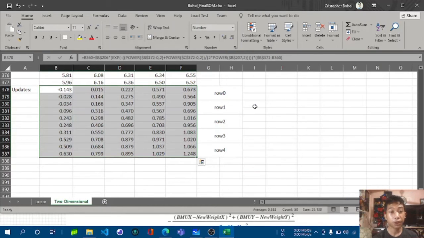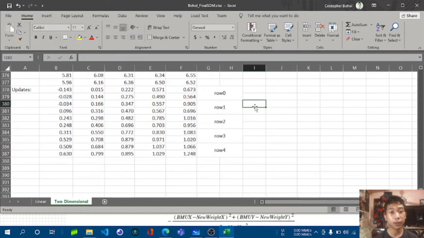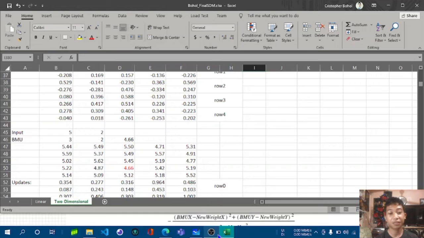But because this would be randomized, the values would absolutely change because of the inputs. So that means that if my first input would be 0 and 5, my updated weight would become different.